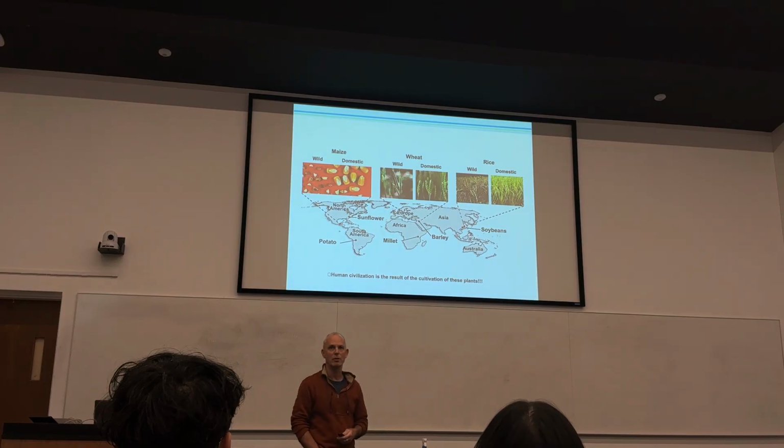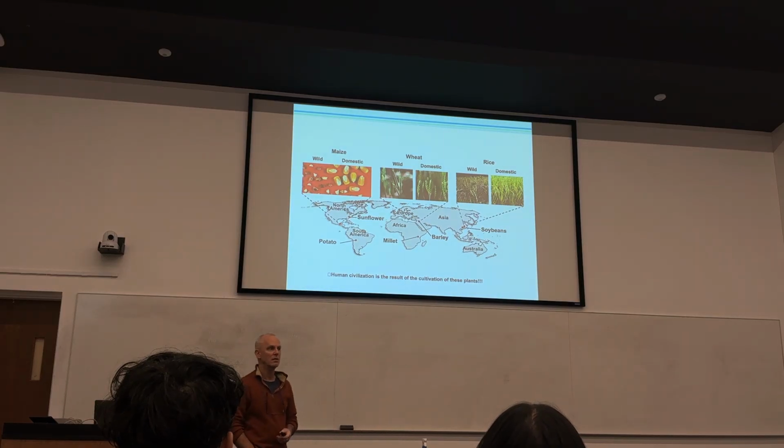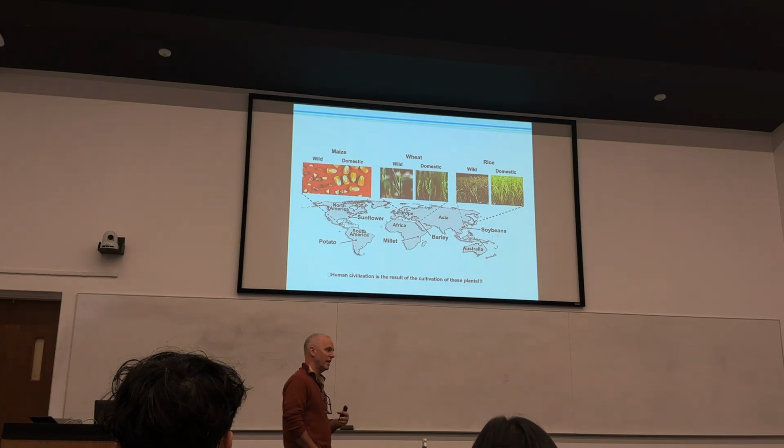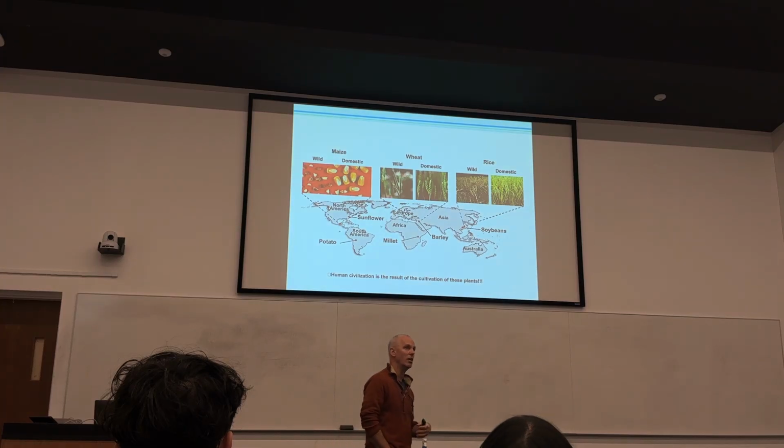Cultures have built up around these plants. It is the development of these plants that led to the rise of agriculture, the rise of cities and states and countries, laws, culture.